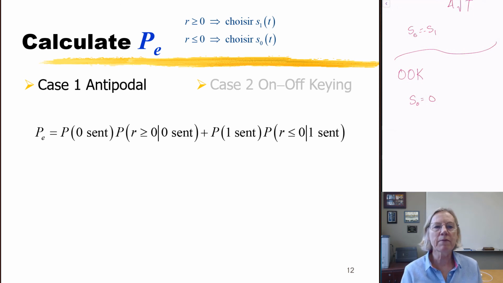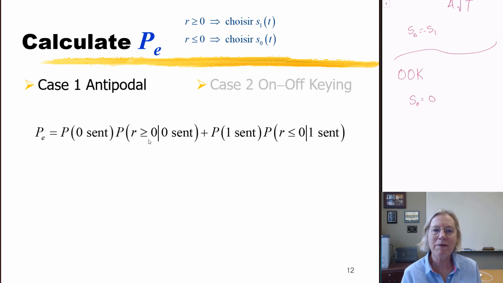So probability of error can be written using the law of total probability as the sum of the probabilities of the 2 types of errors that could occur. For instance, I either send a 0 or I send a 1. Those are the 2 possibilities. So if I send a 0, then when will I have an error? I will have an error when I send a 0, but the received signal is positive.